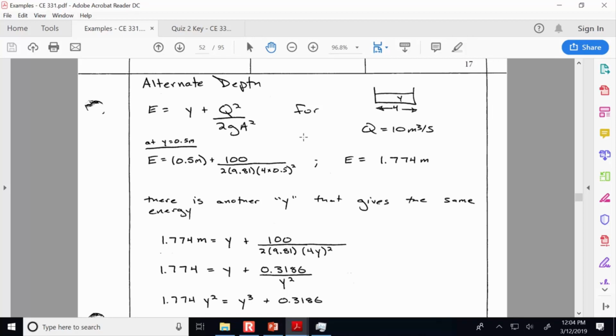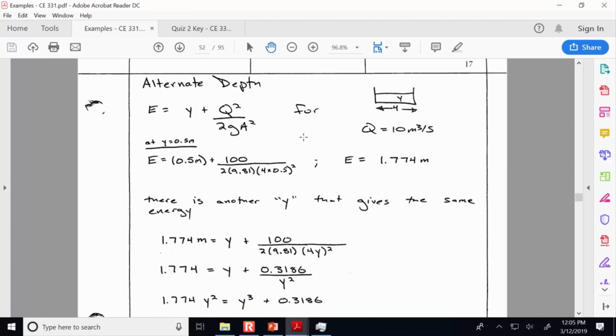So we can rearrange this. This is going to be a cubic equation. So we're going to multiply each term by y squared. And so that's 1.774 y squared is equal to y cubed plus 0.3186 divided by this whole term.